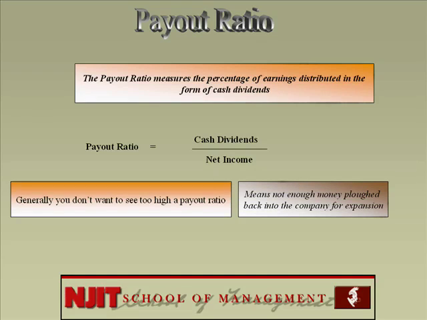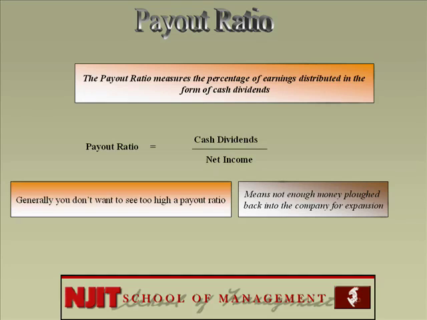This means that not enough money is being plowed back into the business for future expansion. Generally, though, a low payout ratio isn't necessarily bad. This means that the company is putting back money into the business for expansion. That's why they are not paying out their profits as dividends.